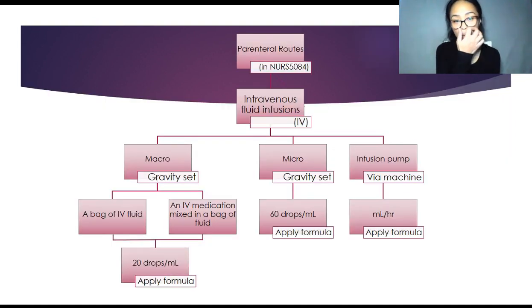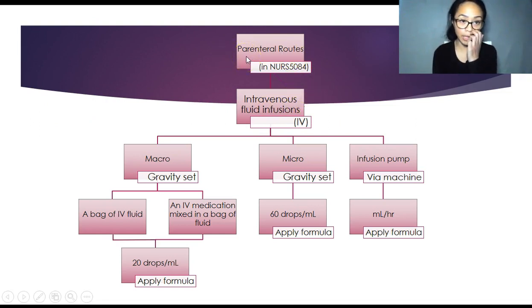So this slide is just orientating you to the content that we're going to cover in Nurse 5084. We're looking at acute care in Nurse 5084, and so we're looking at intravenous fluid infusions as part of the parenteral routes of administration.